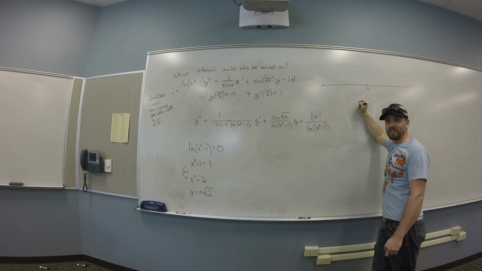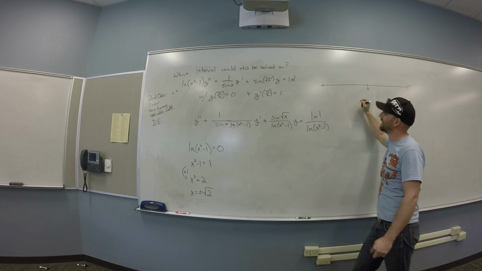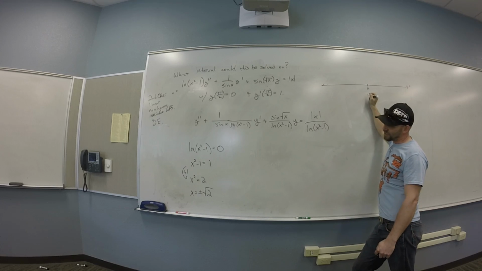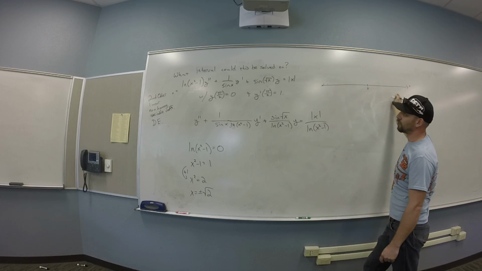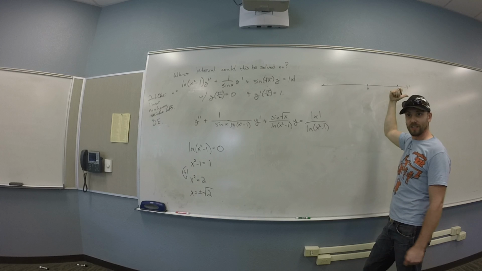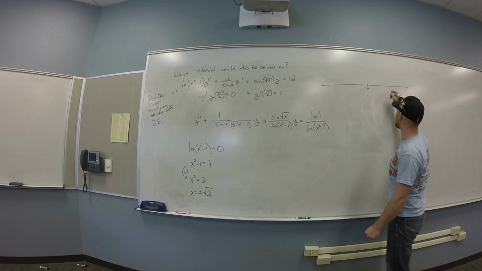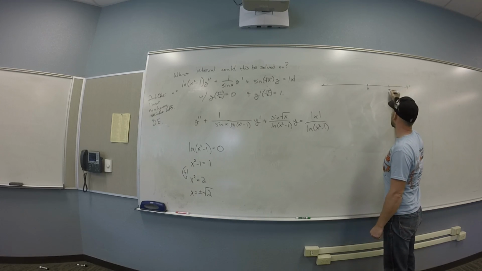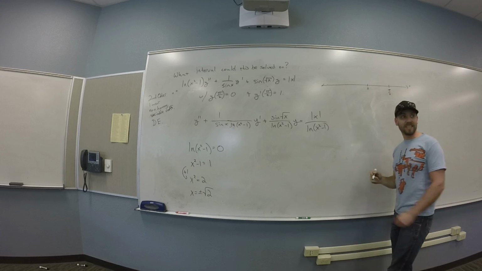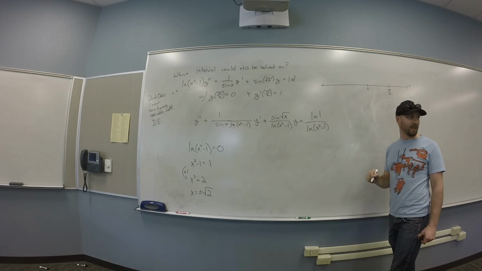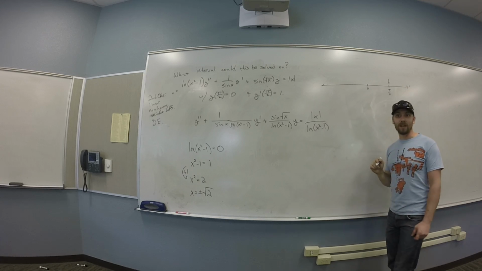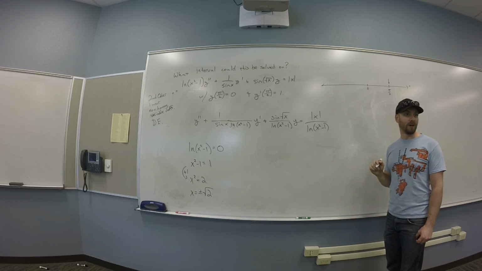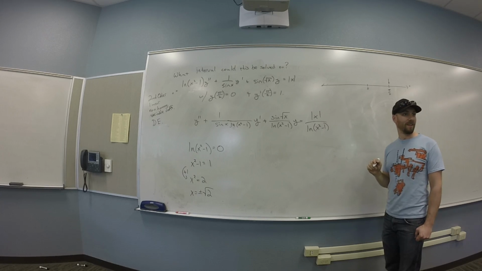Then what else is interesting? It has to contain pi over 2. Pi over 2 is traditionally on this side. So here's my pi over 2. That's kind of the most interesting bit. That's definitely going to center up my interval, or at least be a part of my interval.